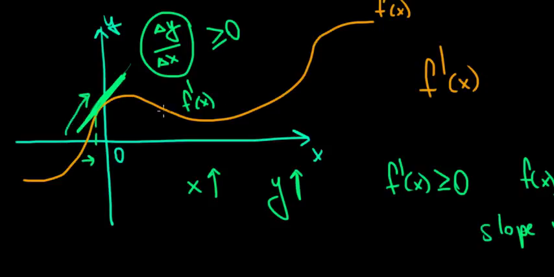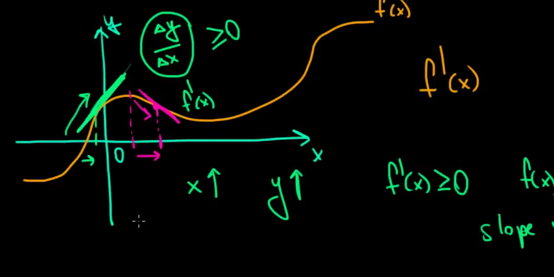Now let's take a different range. Let's take this point over here. What's the rate of change over here? Like that. This is the tangent, and let's say this would be our x value. So as x increases from this range, what happens to y? Y goes down.